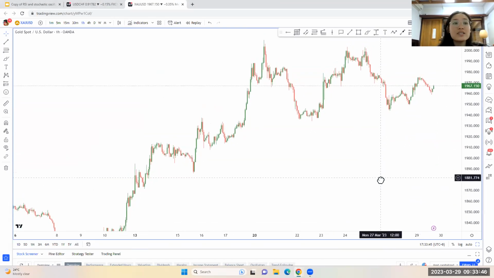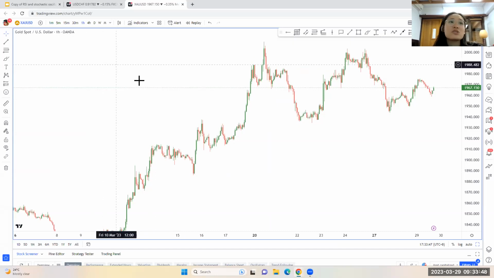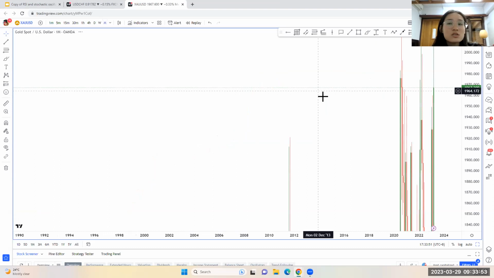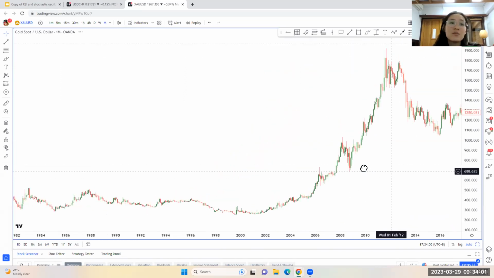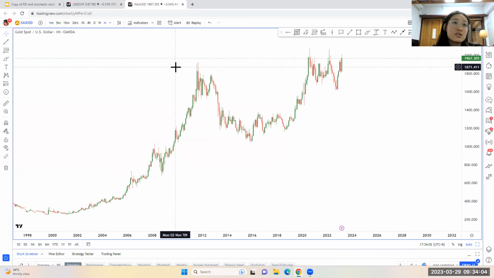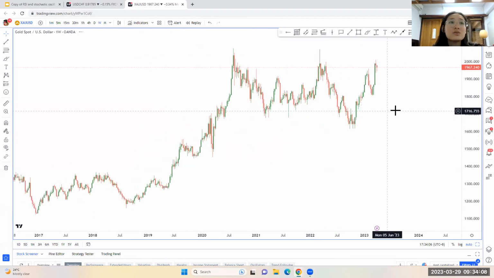Before we start analyzing, a good habit would be to look at larger or longer time frames of gold. So let's take a look at the monthly time frame. This is just to get an idea of where prices are heading to, or where prices were in the recent past. So this is our monthly. This is our weekly. You can see price is testing this area over here.